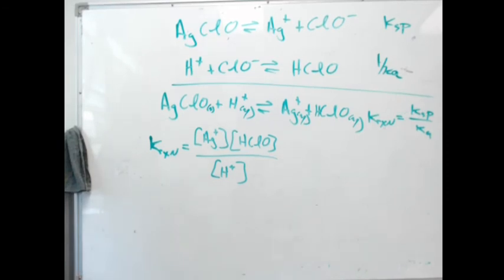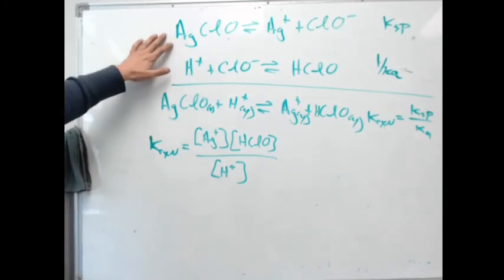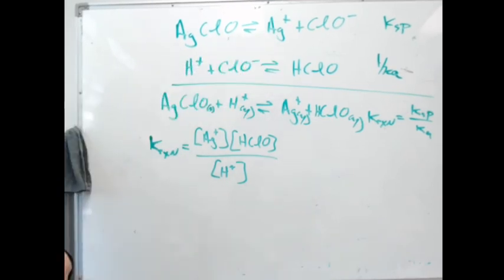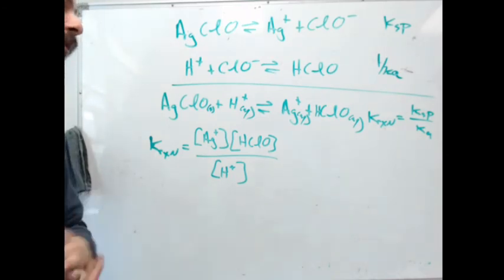If you have OH- interacting with the metal cation, you have to consider whether you're making a hydroxide solid and what the solubility of the hydroxide solid is, and that could have an impact. And then you also have the formation of metal complexes.